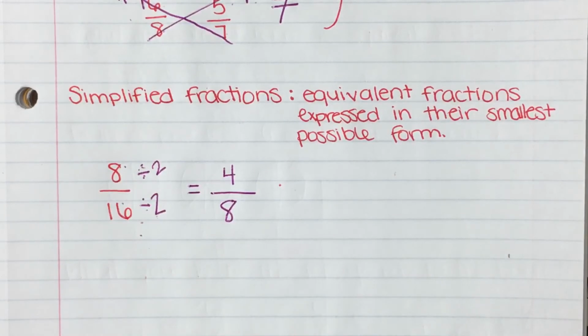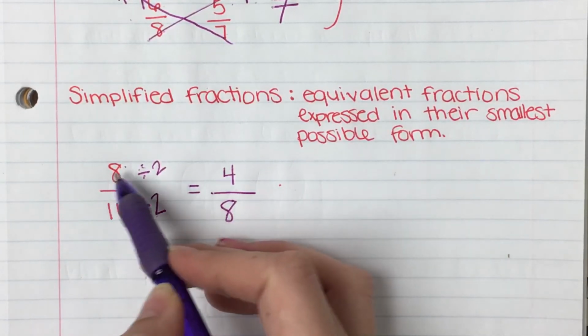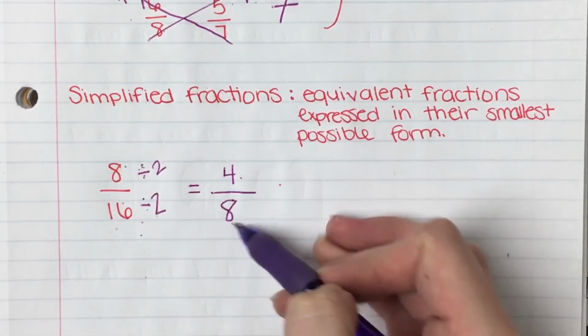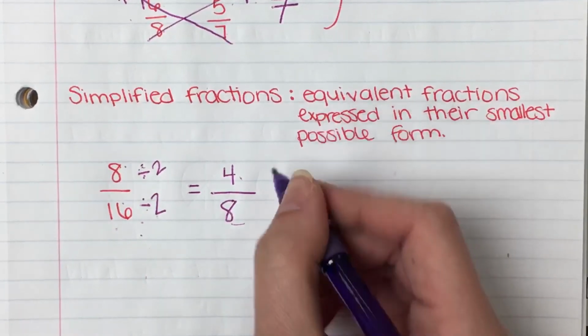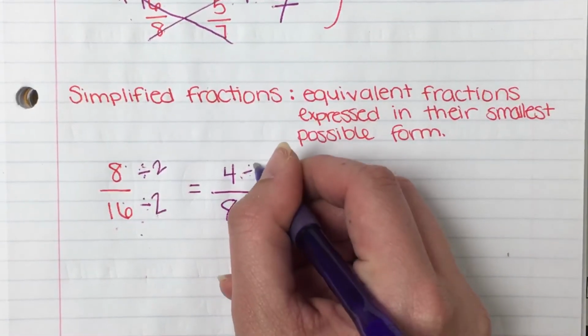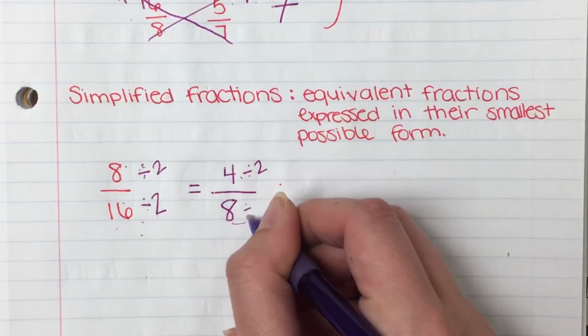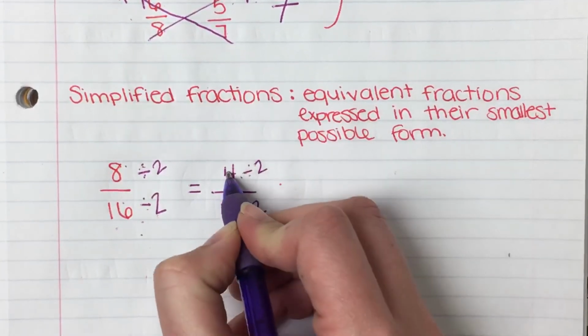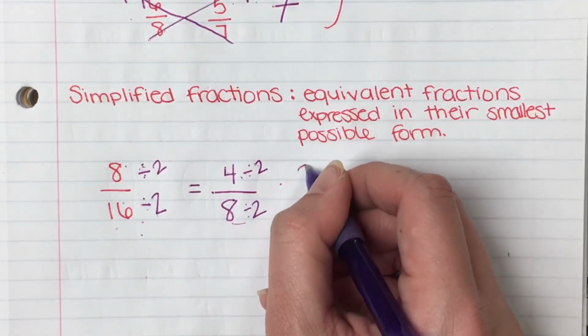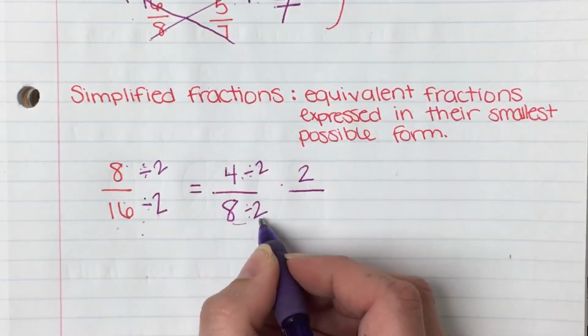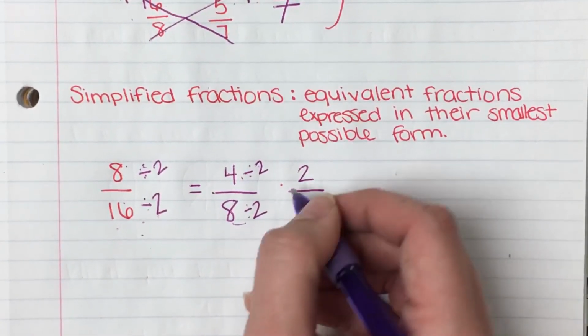However, I know that I can actually make 8/16 or 4/8 smaller because I know that 2 also goes into 4 and it also goes into 8. Well, 4 divided by 2 is 2 and 8 divided by 2 is 4.